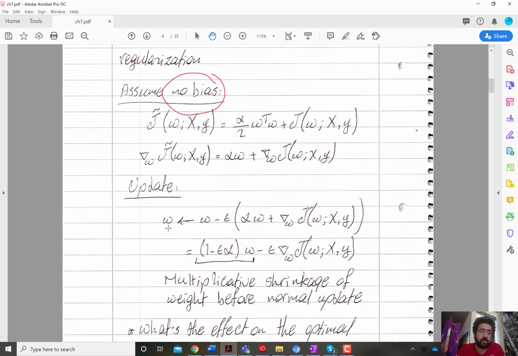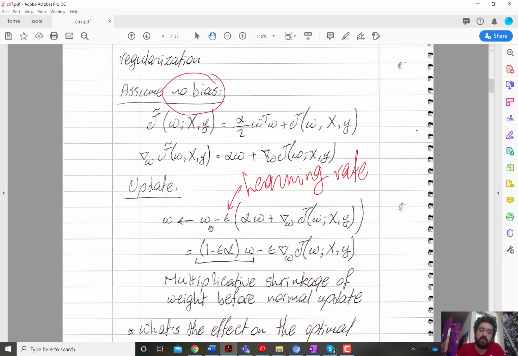Now the parameter update: the new omega is the old omega minus epsilon, which is the learning rate. In the next section we'll discuss in more detail what the learning rate means and how it affects the optimization strategy. But at every iteration of training, you take a step towards minimizing the cost function in the gradient direction, and that step size is called the learning rate.